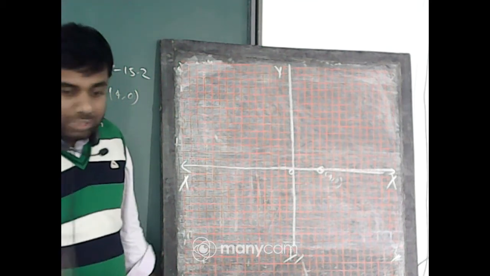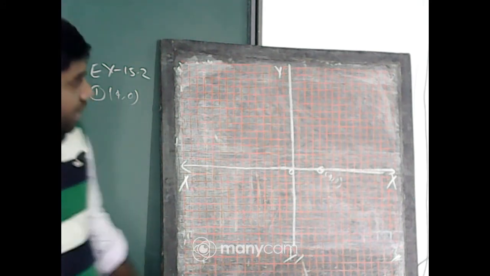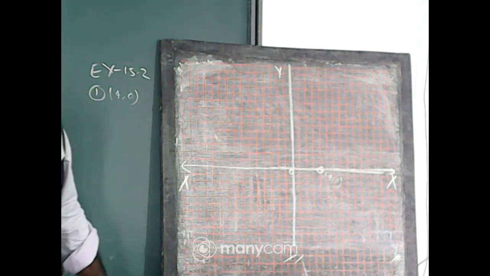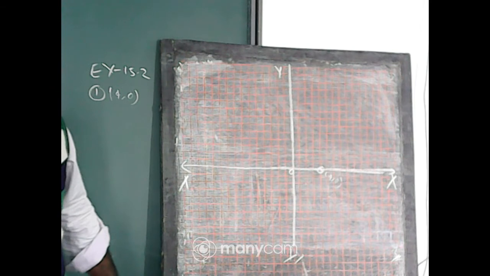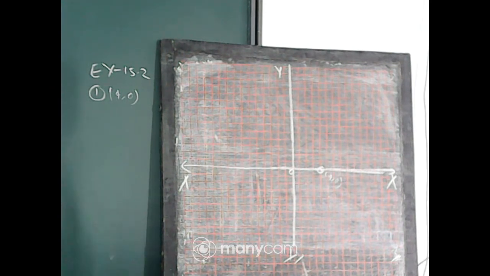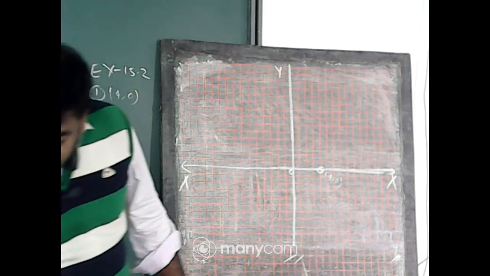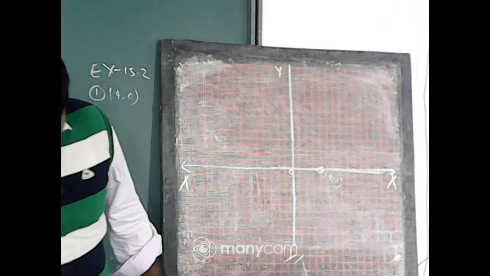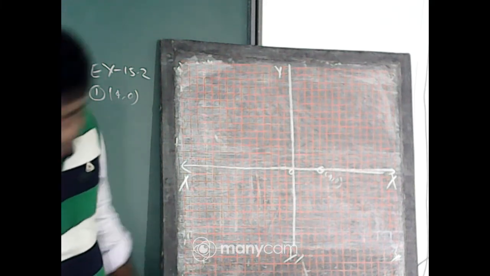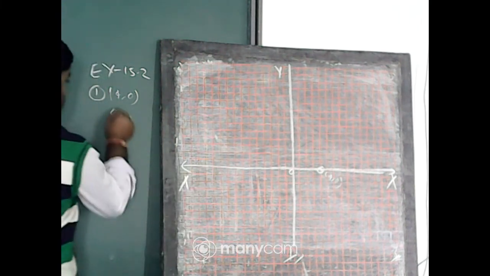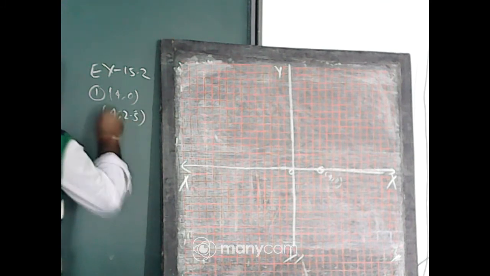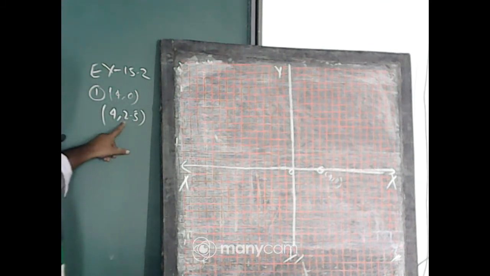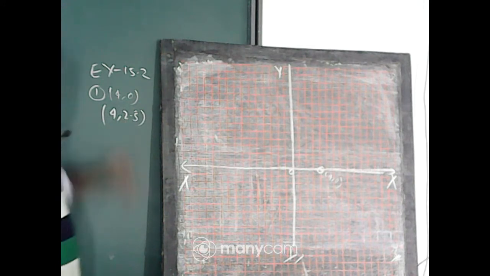Next point: (4, 2) you can solve at your home, and (4, 6). The last point is (4, 2.5). The 4 is the x coordinate, and 2.5 is the y coordinate. Both are positive.